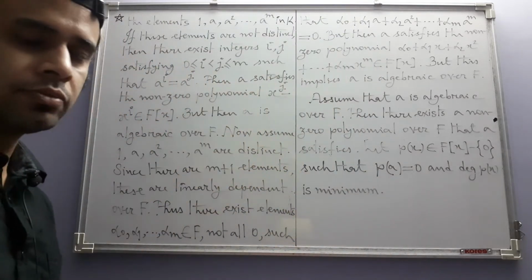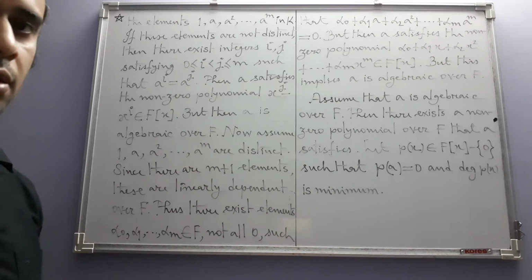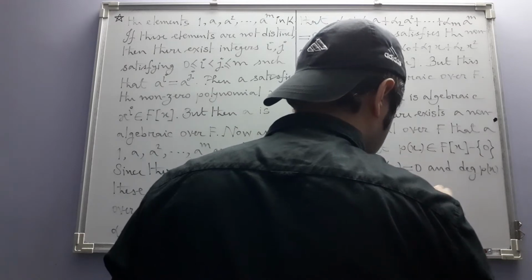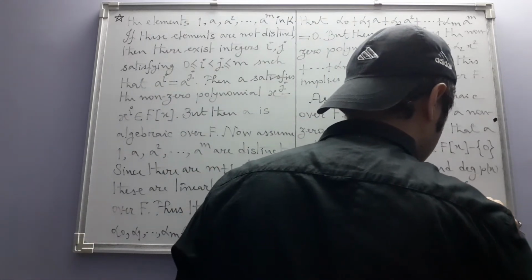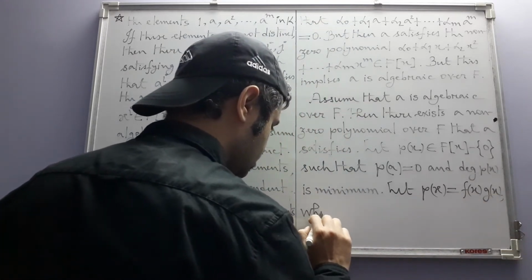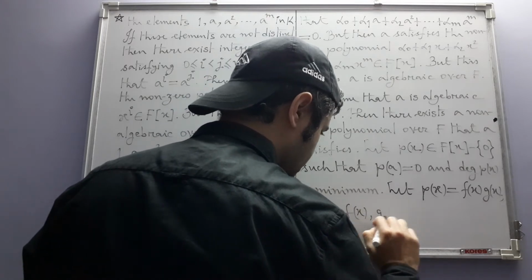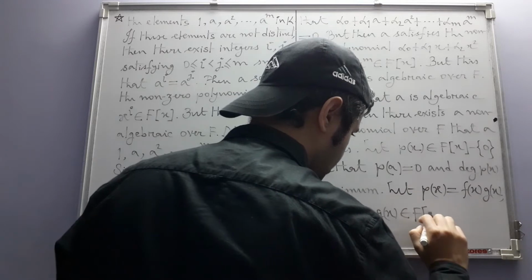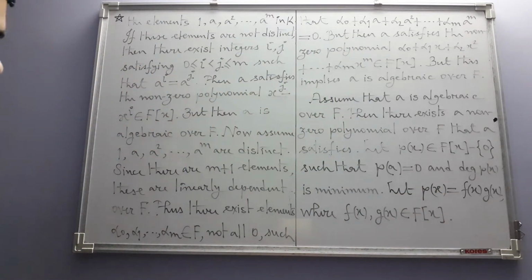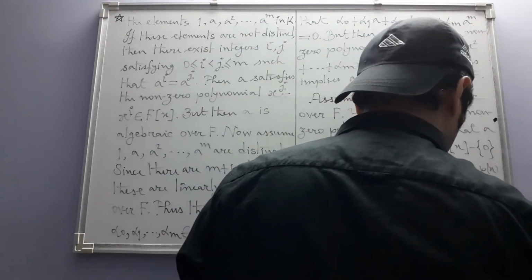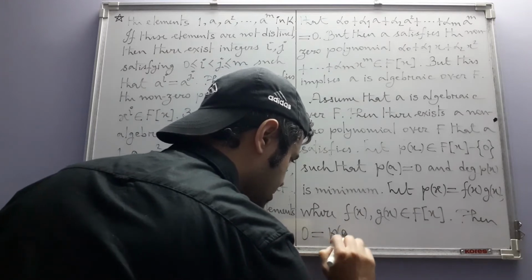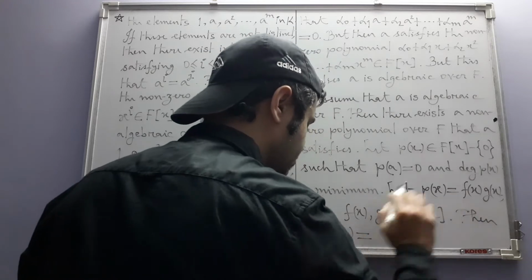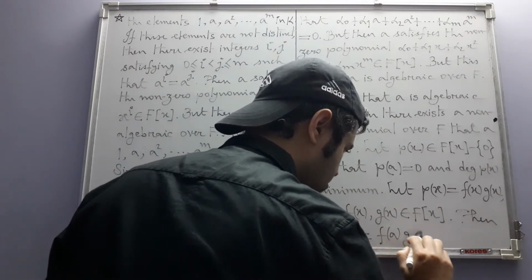Now our aim is to prove that this Px is actually an irreducible polynomial over F. To prove that, we assume that Px has a factorization over F like this: Px equal to Fx times Gx, where both Fx and Gx are polynomials over F. Then, since A satisfies P, Pa is 0, but it turns out that this Pa is also equal to Fa Ga.